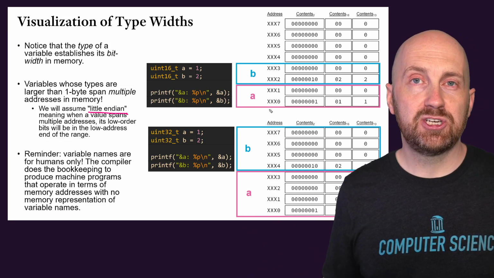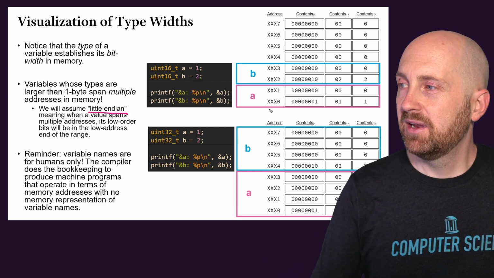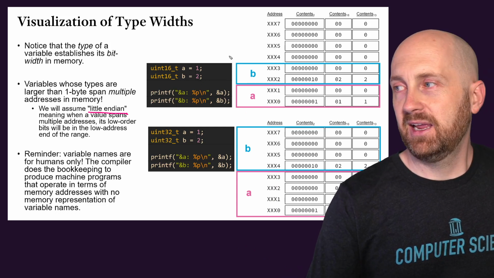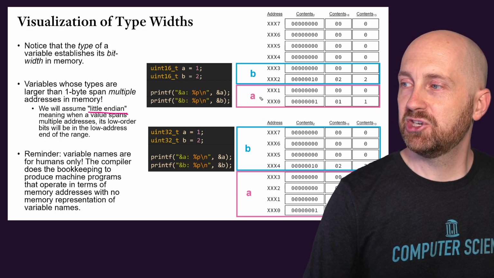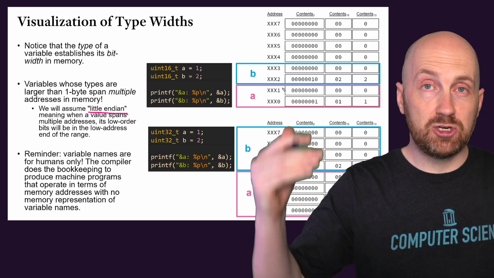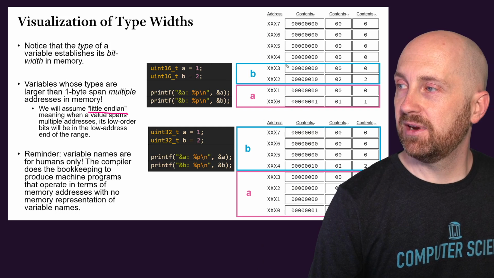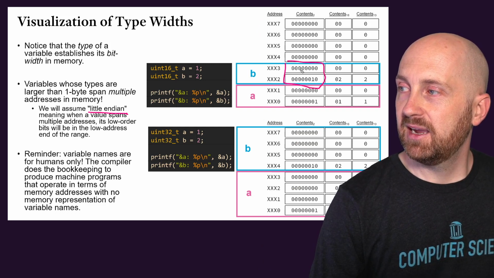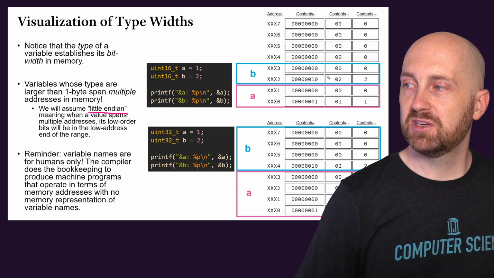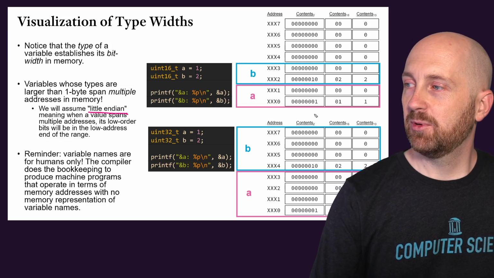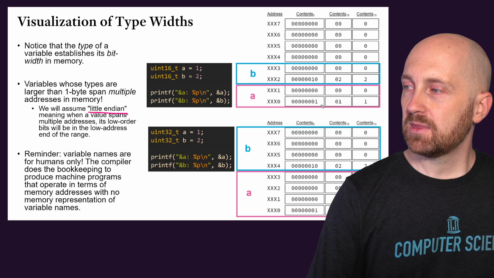But the intuition for why does the stack grow down has to do with little endian, right? And so if we visualize the stack growing down on a little endian machine, it's much easier to read these bytes, right? So when we try and read this pair of bytes, we see that, okay, it's all zeros, and then the low order bit is a 1 in the 2's position, so B is 2, and same with A, but A is 1, right?